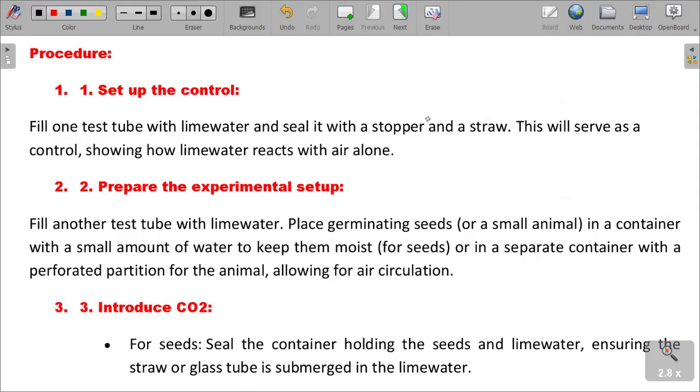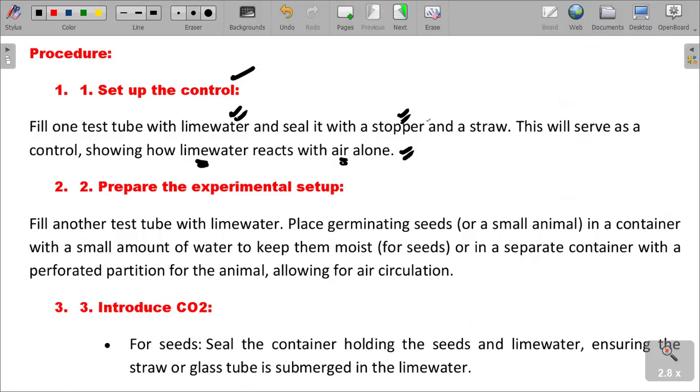First, we are saying fill one test tube with lime water and seal it with a stopper and a straw. This will serve as a control showing how lime water reacts with what? With air alone. So here we want to see that the lime water reacts with air alone. It means there is no carbon dioxide in this air.